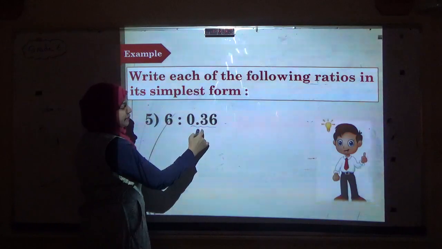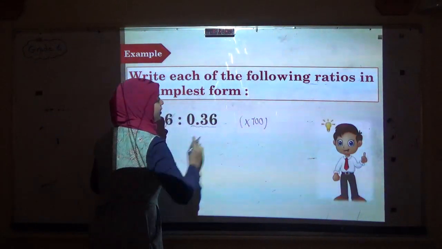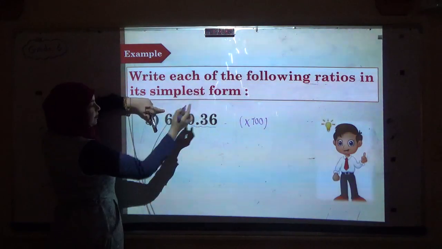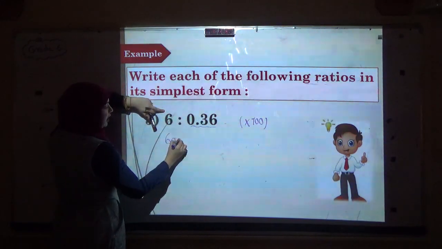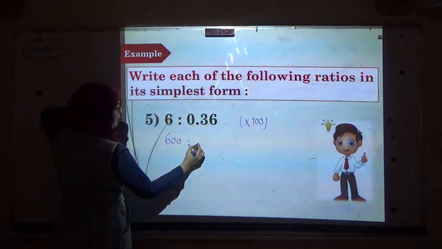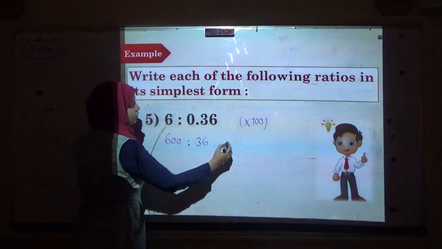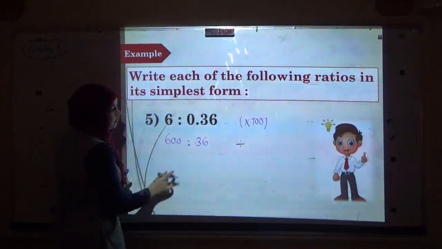And if we multiply this term by 100, we should multiply the other term by the same number, 100. 6 multiplied by 100 equals 600. 0.36 multiplied by 100 equals 36. Here we have a common factor between 600 and 36, which is 6.